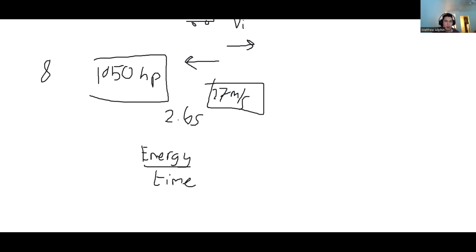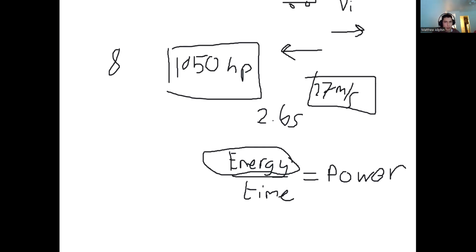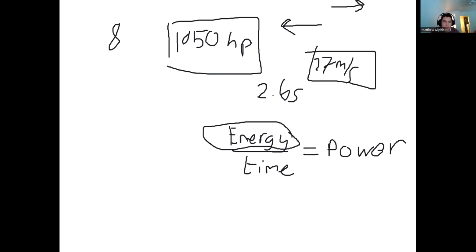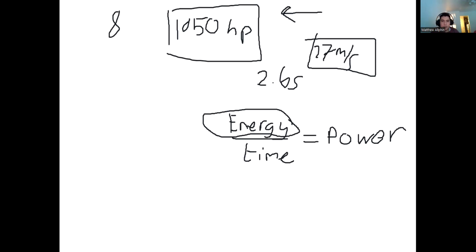Energy over time is equal to power, right? So all I need to do to find the energy that I used is multiply my time by my power. And in this case, you'd have to convert your horsepower to something you can actually use, like watts, because we use SI units, so I would convert it to watts.